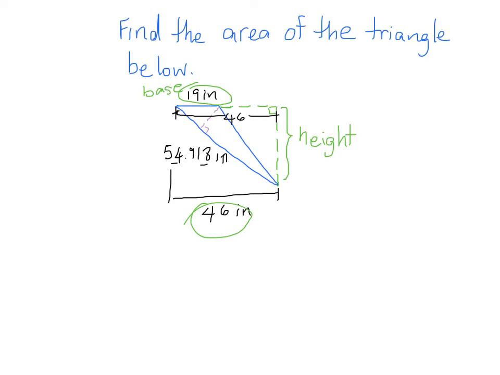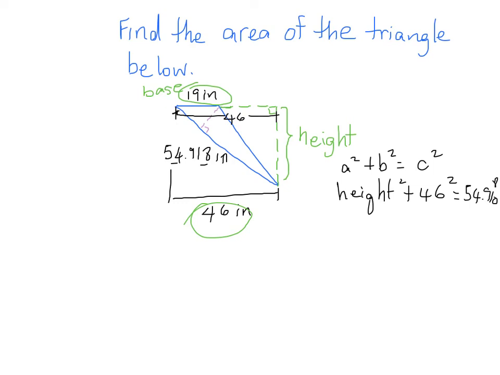Since it's a right triangle, we can go ahead and set up the Pythagorean theorem. In the Pythagorean theorem, we know that a squared plus b squared is equal to c squared. So a is our height, so height squared that we're looking for, plus 46 squared is equal to 54.918 squared.